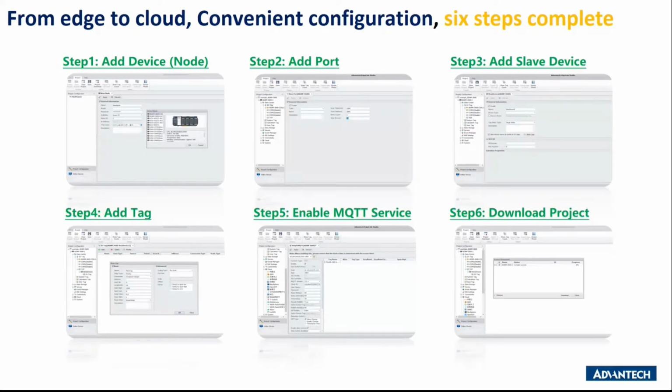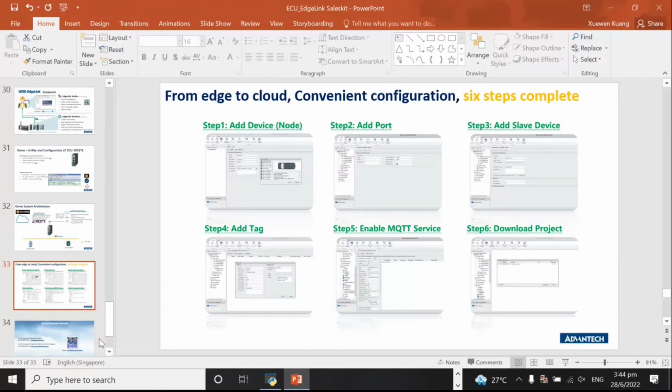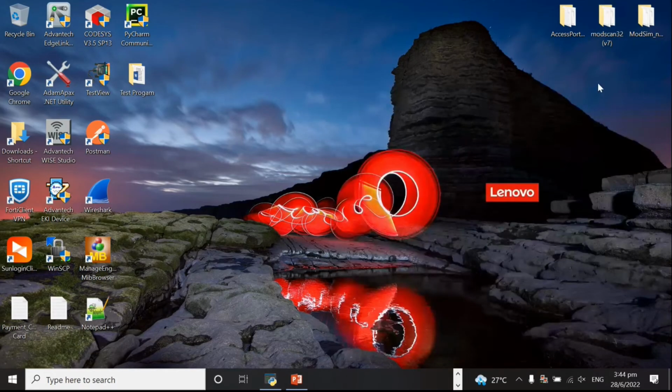Okay, I will share with you. First step, you will need to install our software IDE, the software tool we call EdgeLink Studio. After you install that, this is the icon, and it will look like this.